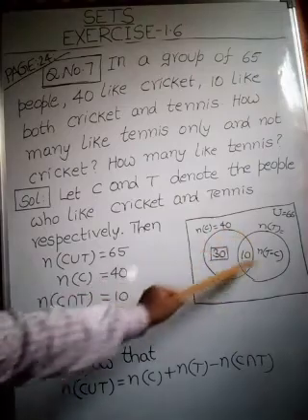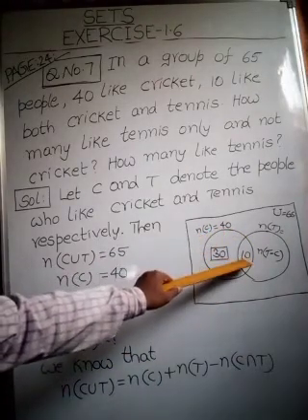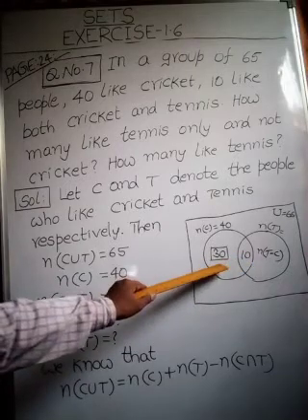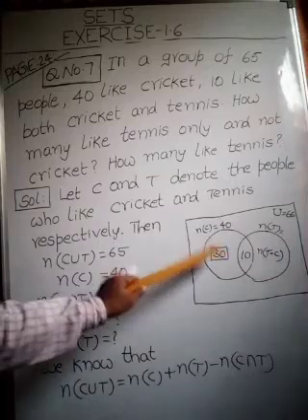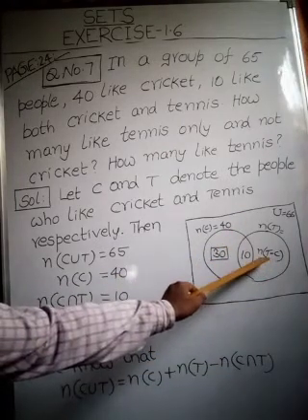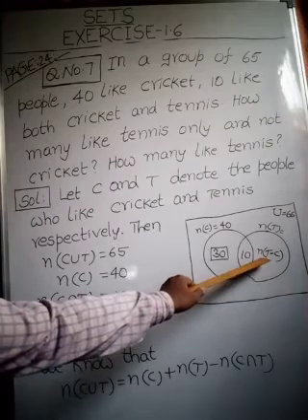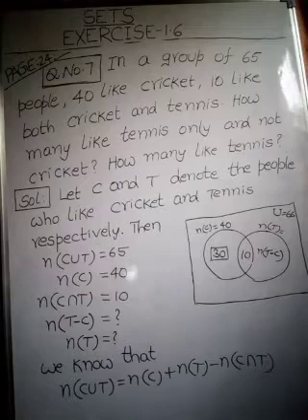Then in that entire circle, how many people should be there? 40. Already 10 people are there. The remaining 30 people I wrote here. So these 30 people like only cricket but not tennis. Similarly, here we have to find how many people like tennis only but not cricket. Understood the Venn diagram?